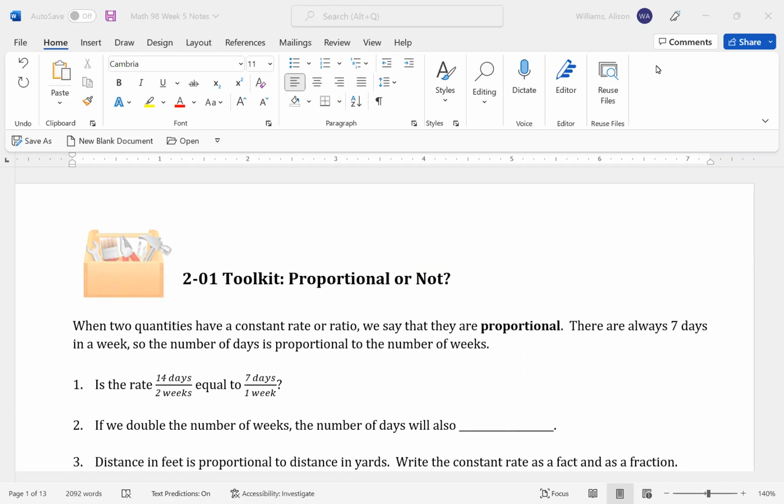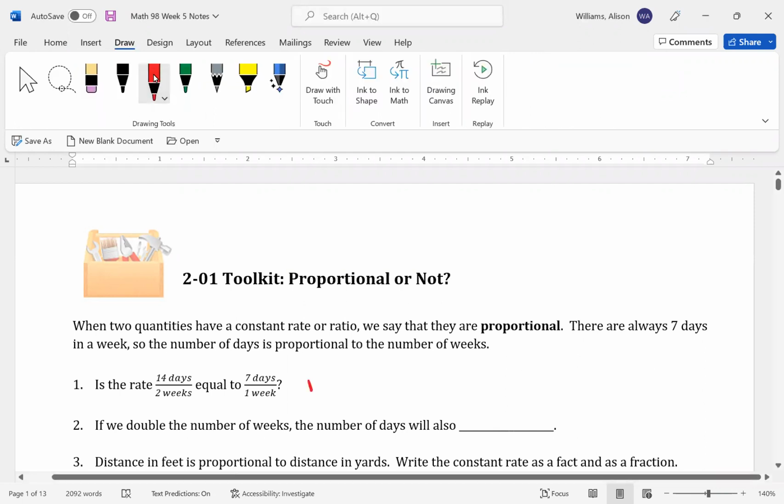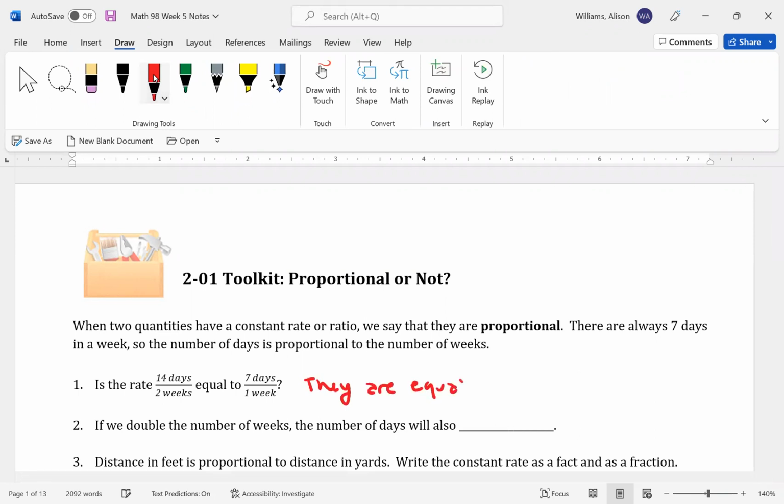They ask the question, is the rate 14 days over 2 weeks equal to 7 days over 1 week? And the answer is yes, they're equivalent. The reason they are equivalent is because 14 days is double of the 7 days and 2 weeks is double of the 1 week.